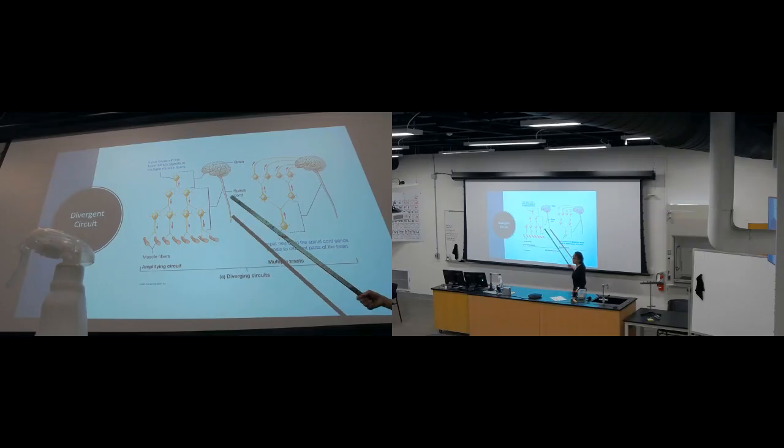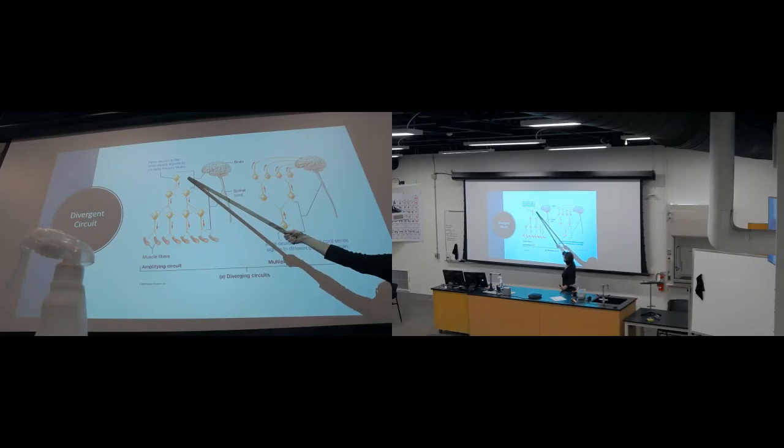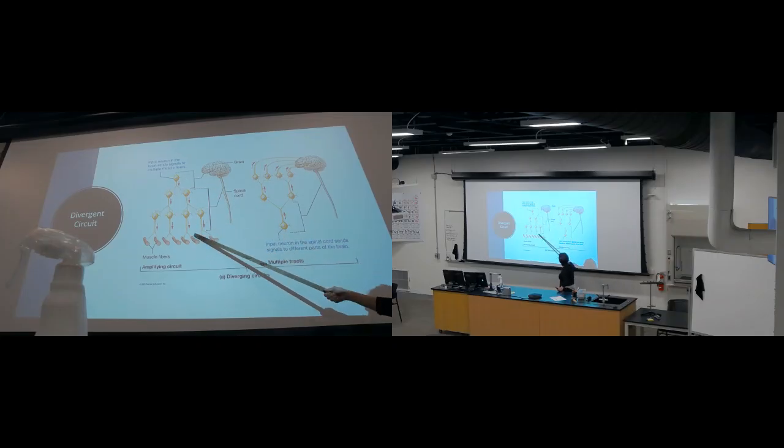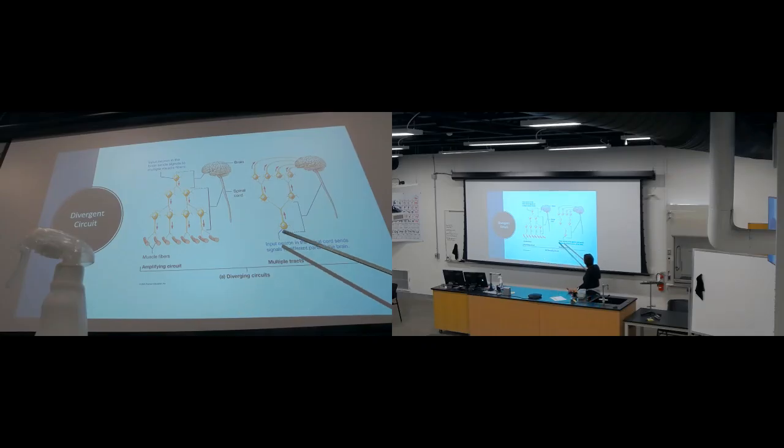So this can be, for instance, to control fine movement. A single neuron can diverge the information into multiple neurons. And that happens between the brain and the spinal cord. So you have to send action potentials from this neuron into these neurons of the spinal cord. And then you can have multiple tracks.